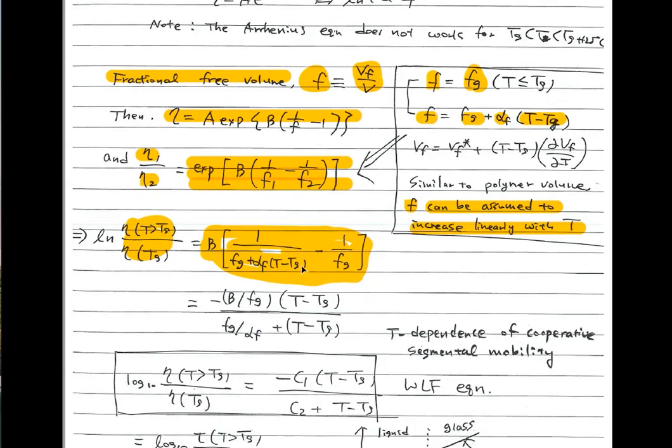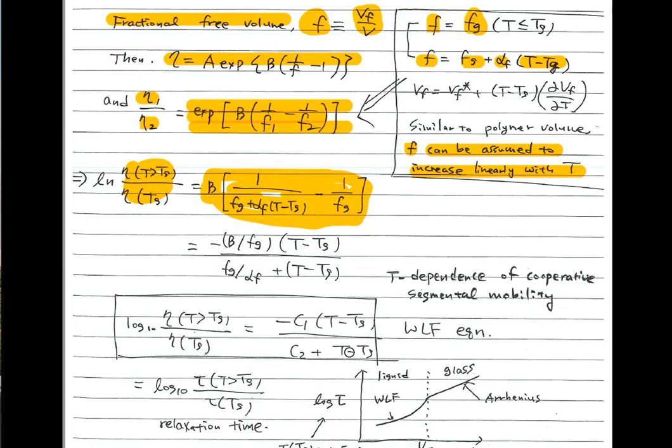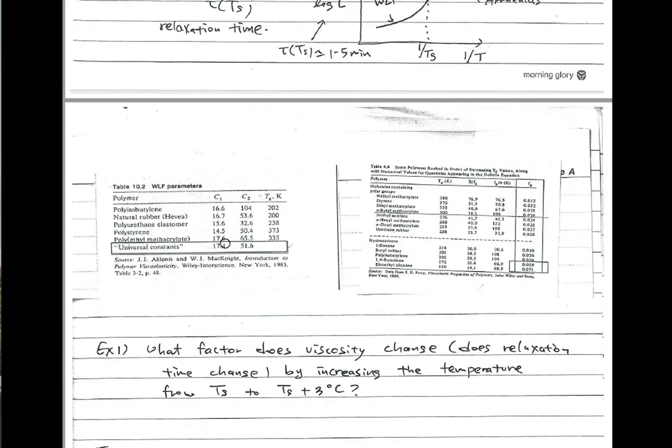If you rearrange this, what you get is this expression, and this is the WLF equation. Very simple. And if you check these universal constants for some polymers, you can clearly see that for different kinds of polymers, including polyisobutylene, natural rubber, styrene, etc., the C1 and C2 constants are quite similar, with a few exceptions.